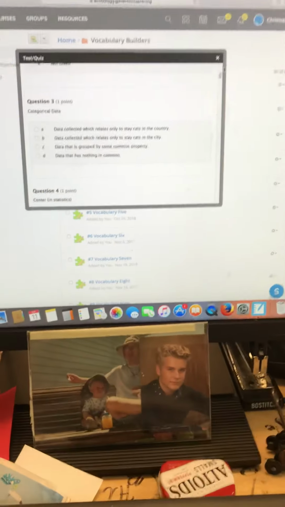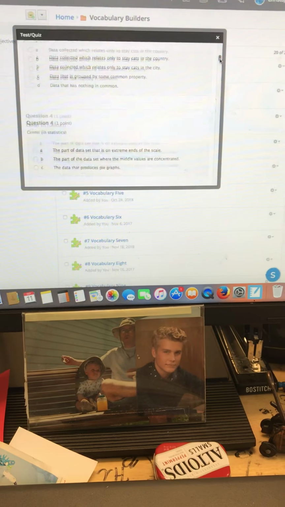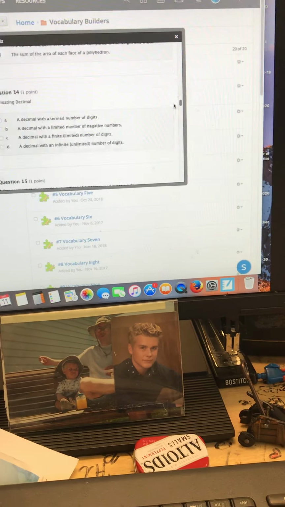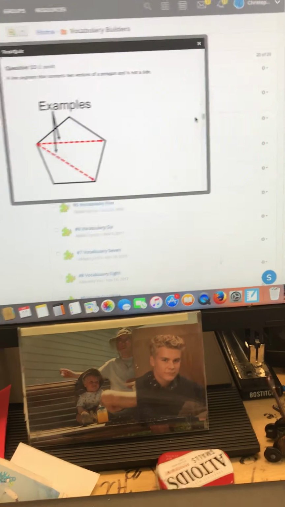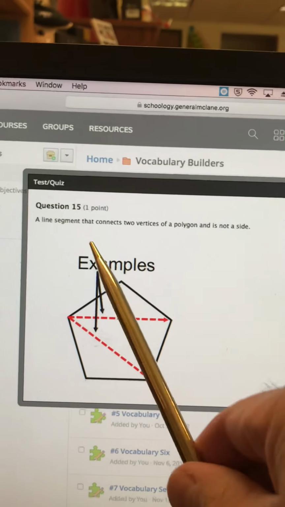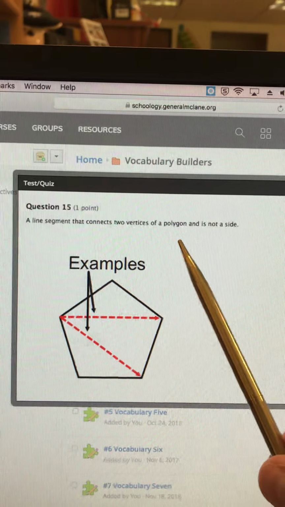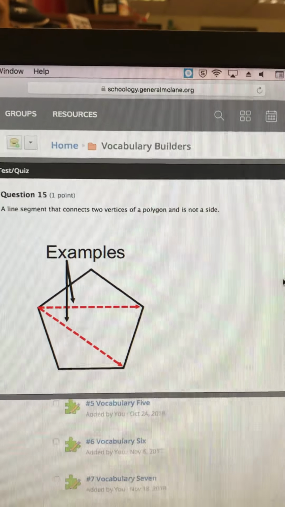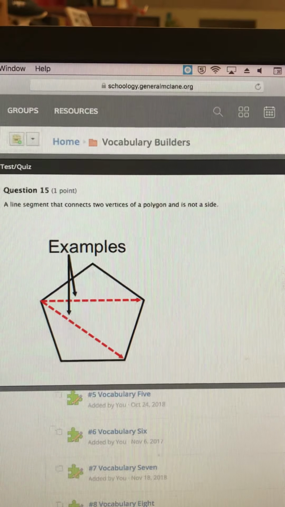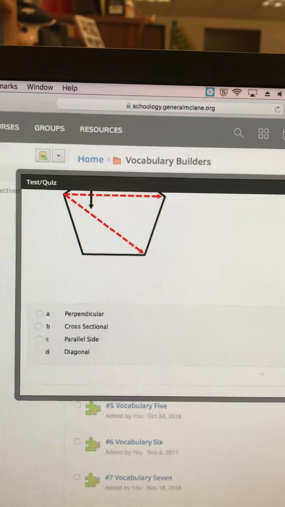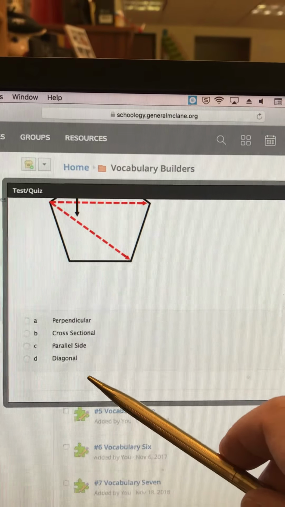Now, occasionally, you might come across a definition that's not quite so easy as just looking it up. Here's an example. Number 15. They're giving you the definition, and what they want you to do is identify the term. That's not going to be as easy because they give you an example and then they give you perpendicular, cross-sectional, parallel, side, diagonal.